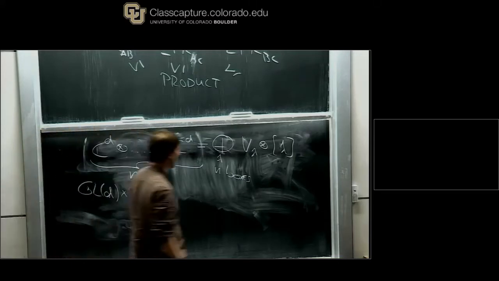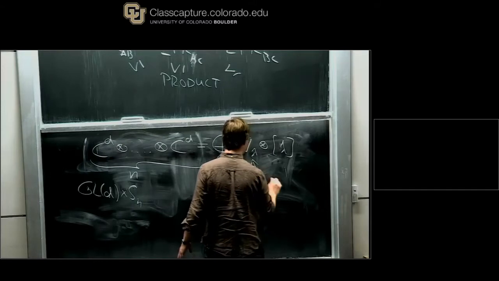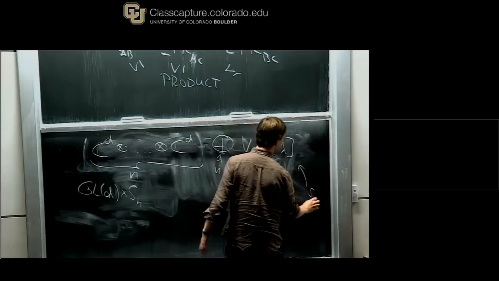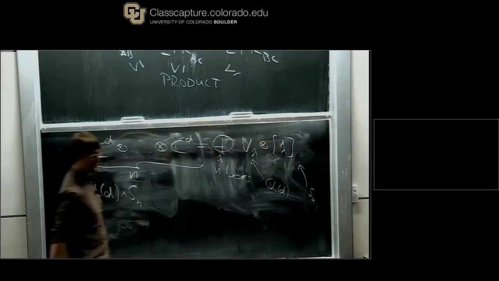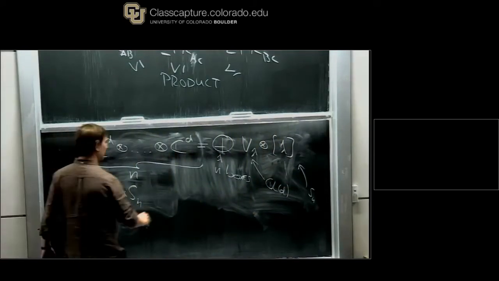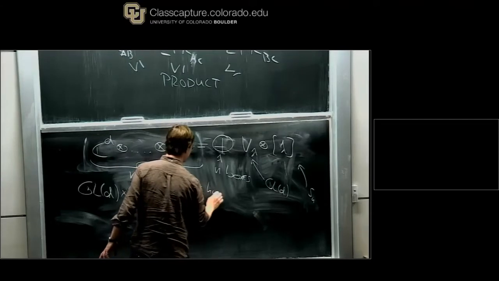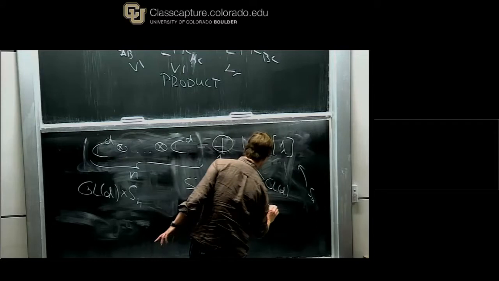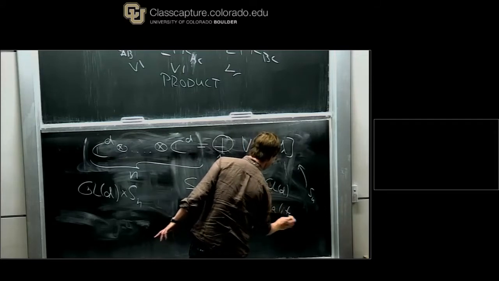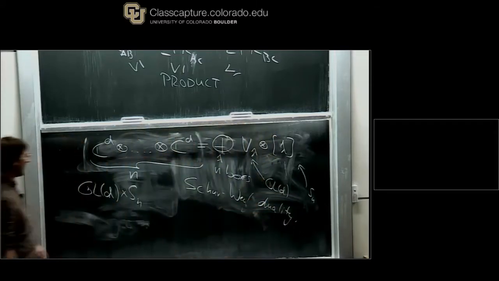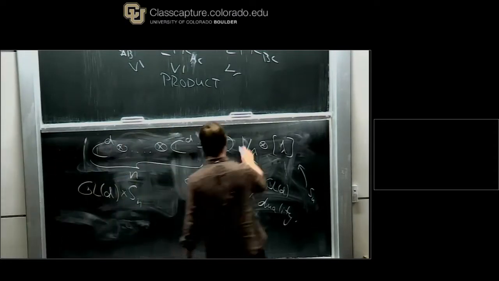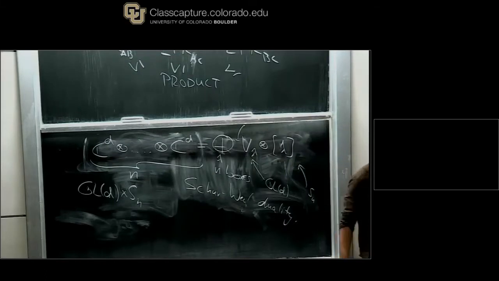So actually, as you know, GL_d acts irreducibly here, and S_n acts irreducibly here, and there's no further multiplicity. So this is called Schur-Weyl duality. It's very nice. It's nice because there are no numbers here, right? No multiplicities, right? That's why it's nice.